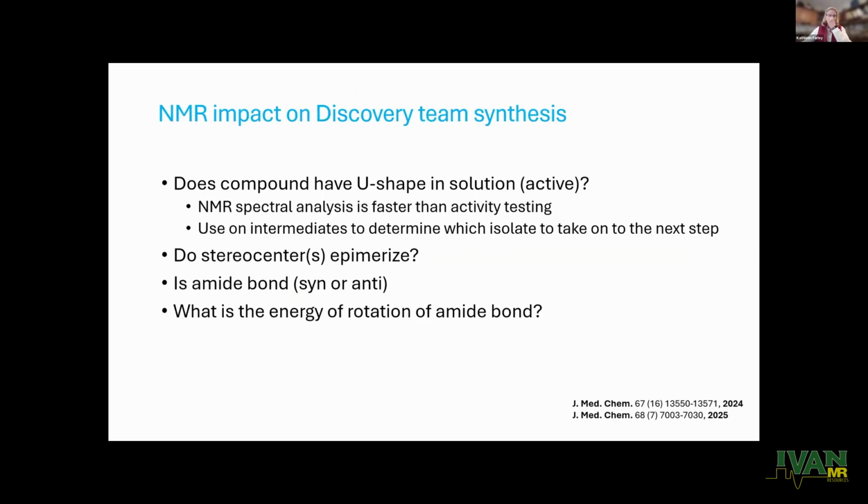So what type of things did we like to look at? I mentioned, does it have the U-shape conformation? And I also mentioned that our NMR spectral analysis is faster than the activity testing.